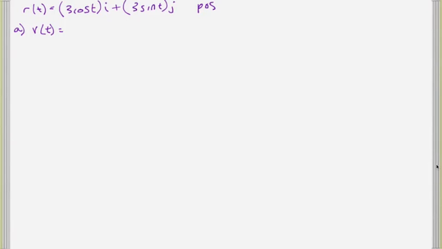So velocity is the derivative of position. The derivative of 3 cosine of t is negative 3 sine of t. We get the i. And the derivative of 3 sine of t is 3 cosine of t. And we've got the j.